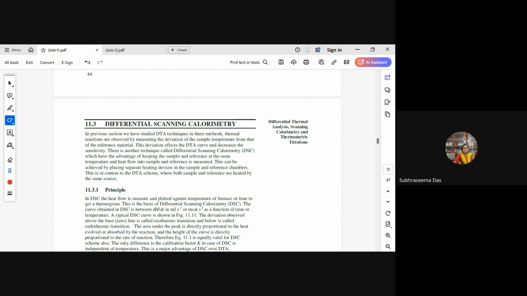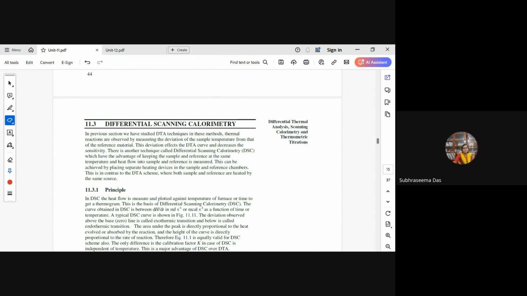Now, coming to DSC. DSC is also a thermal measurement technique, called differential scanning calorimetry. This is also a very simple technique, in contrast to the DTA scheme where both sample and reference are heated by the same source.